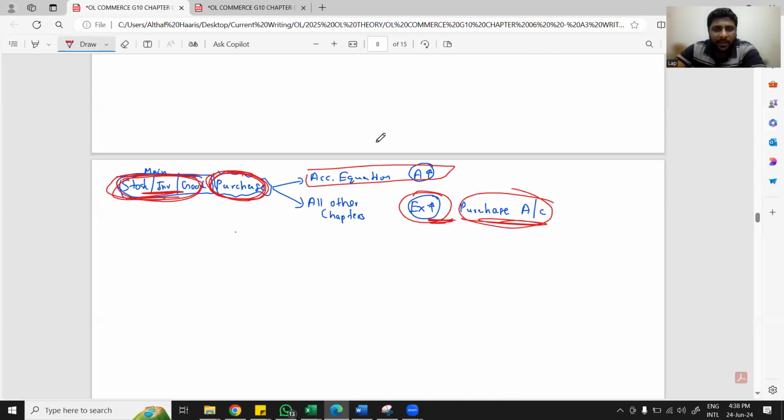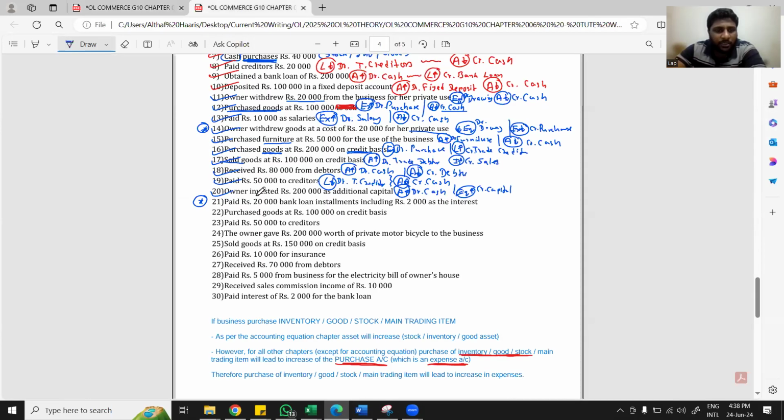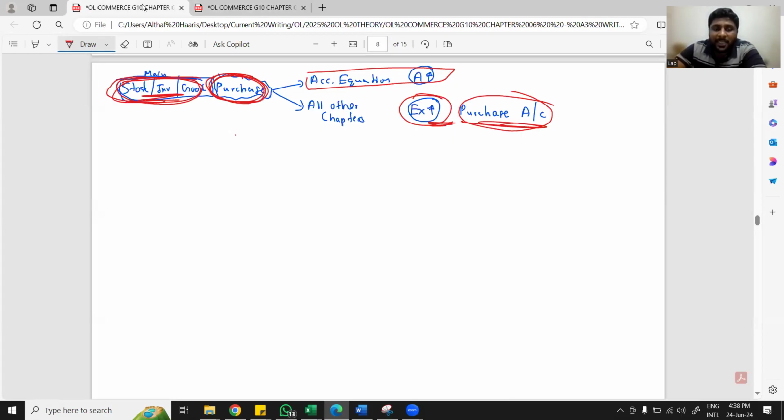So we have made a payment of 20,000 to the bank. Of that, 2,000 is interest. Interest is an expense, no?